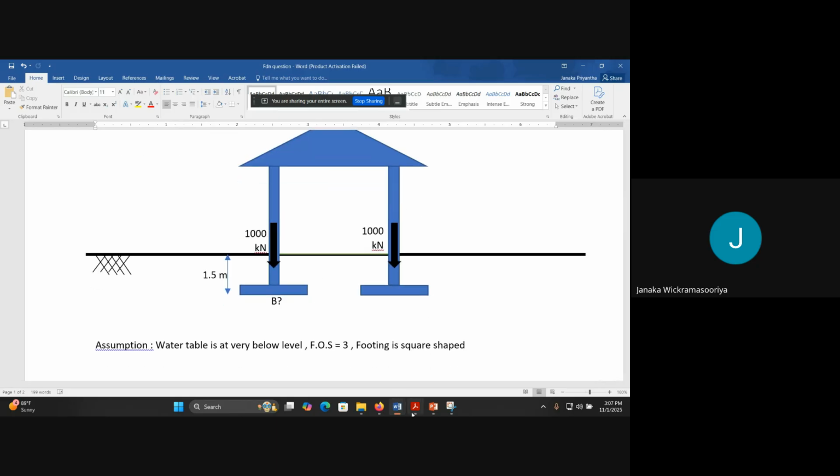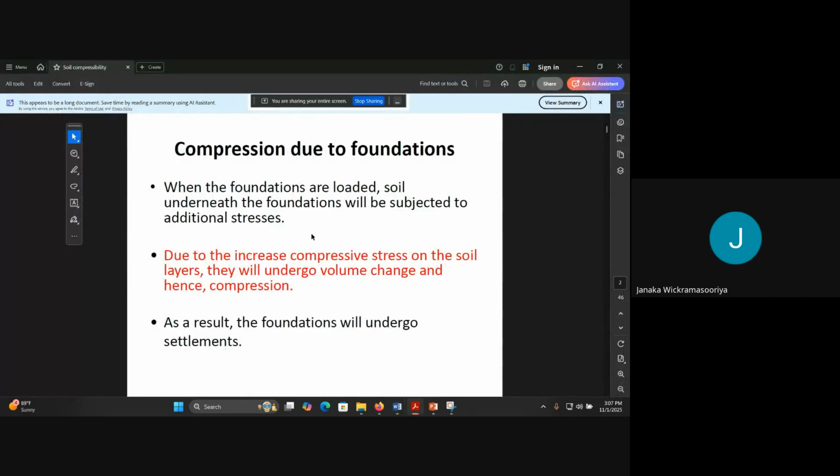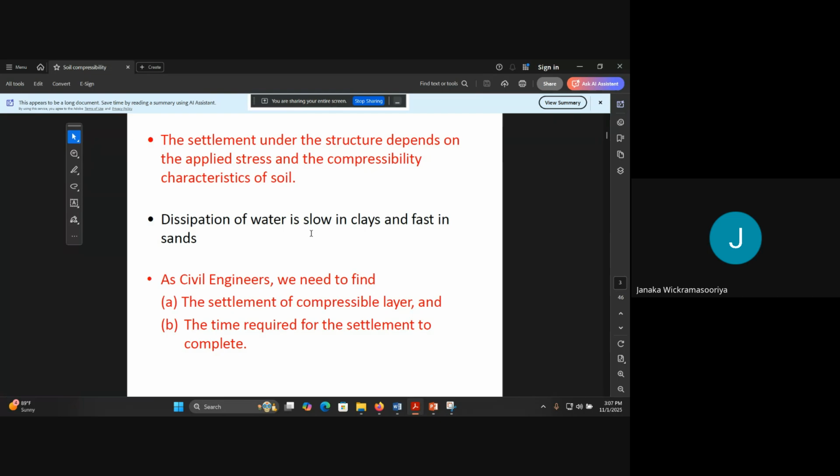Right? That is why we should consider this as a critical thing. The settlement under the structure depends on the applied stress and the compressibility characteristics of the soil.